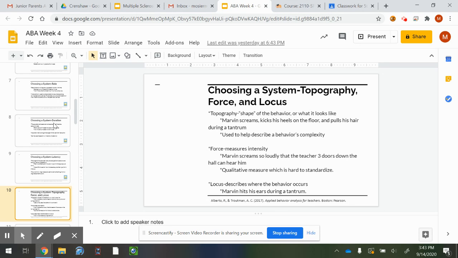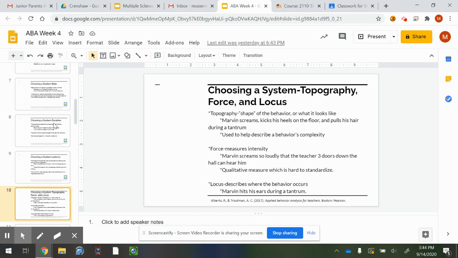They did not have an example for Brett, so we're only using Marvin on these. As you can see, his behaviors are a little bit bigger, so easier to record topography, or the shape of that behavior. Marvin screams, kicks his heels on the floor, pulls his hair during a tantrum. We use that to describe a behavior's complexity, so how complex the behavior is.